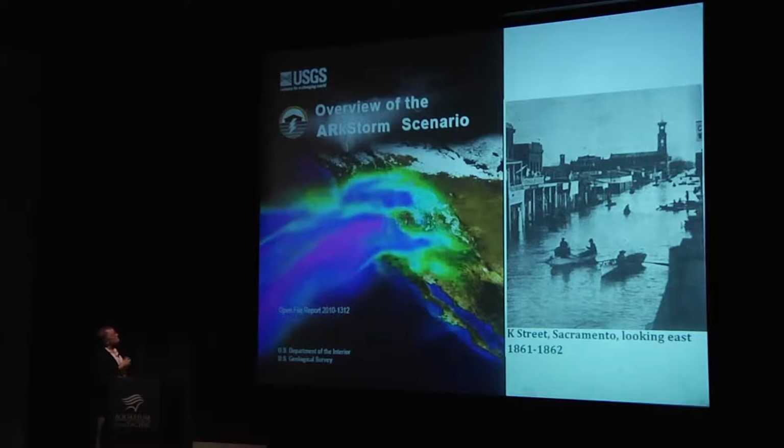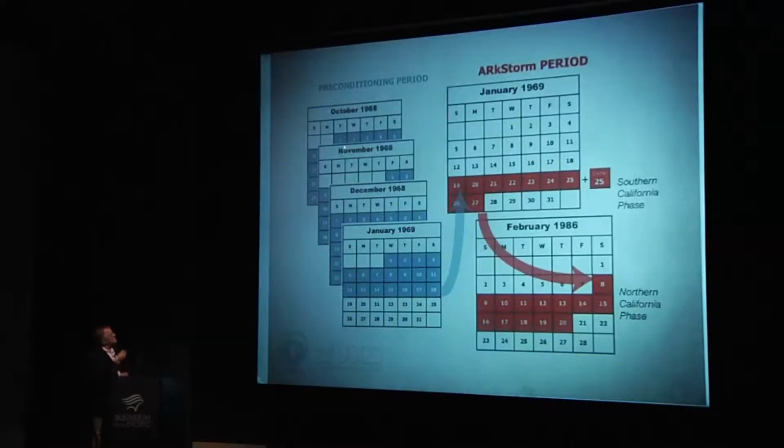And so this ARkStorm scenario is something that was concocted as a planning exercise for the state. When Governor Stanford had to go to his inauguration, he actually had to row to it, and they moved the state capital for a while in Sacramento in '62. They've strung together some plausible storms from 1968 and tacked on 2 big storms from 1969, January of '69, which really flooded this part of California.